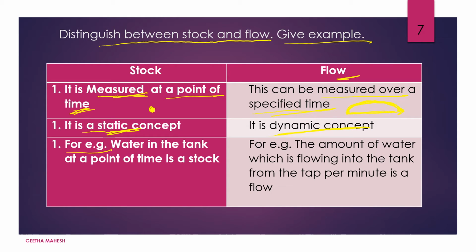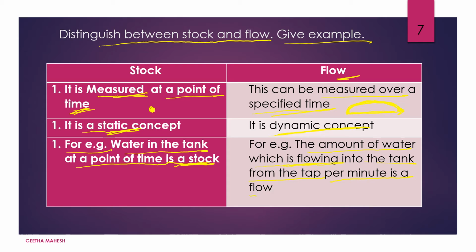Take an example. Water in a tank at a point of time is a stock. For flow, take the amount of water which is flowing into the tank from the tap per minute.